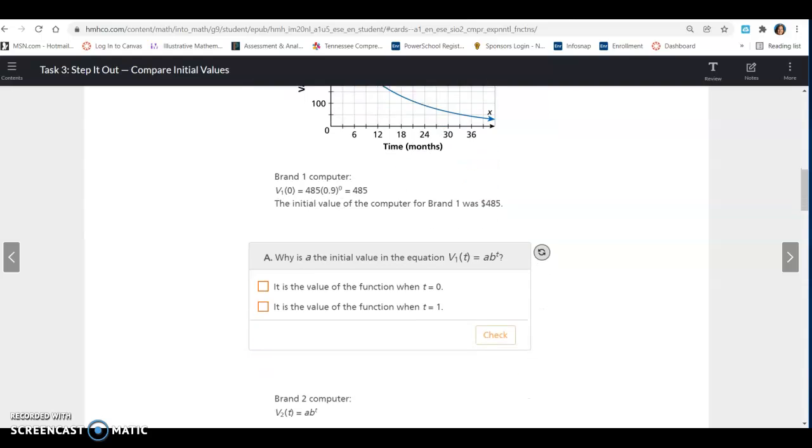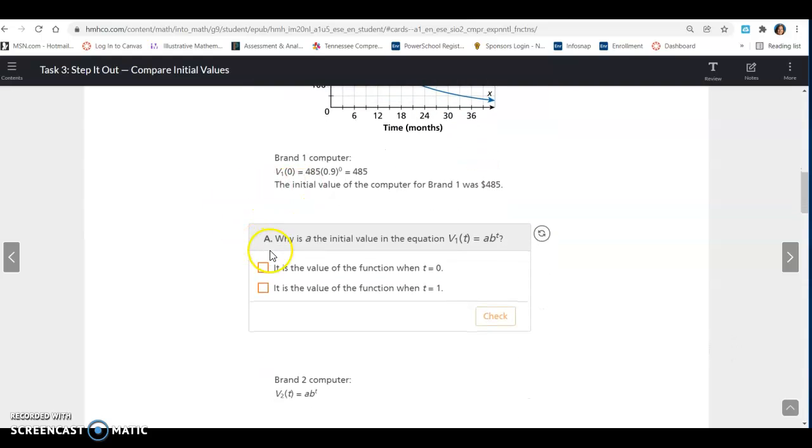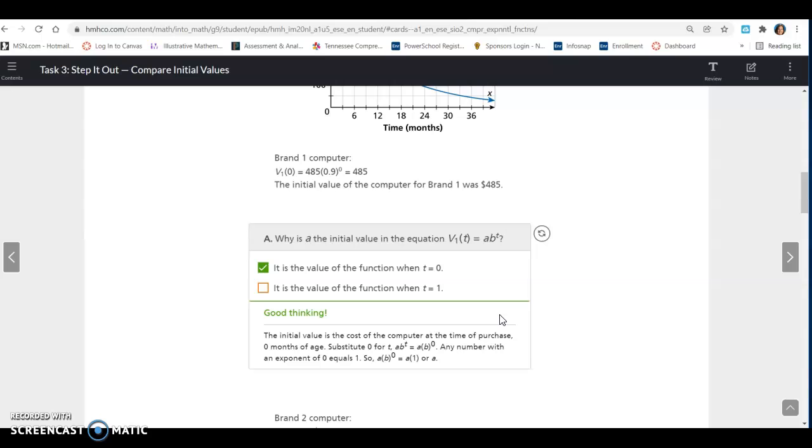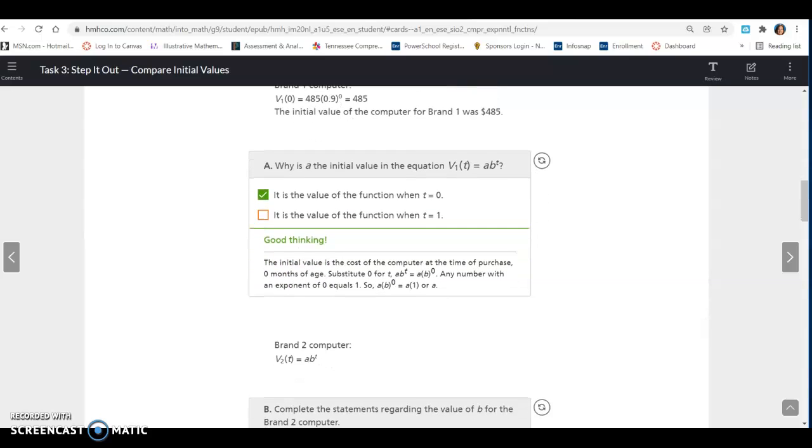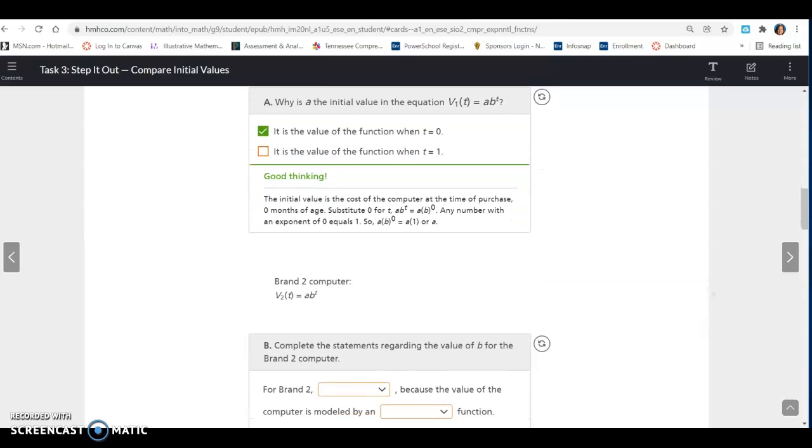You can see that given in the equation. So why is a the initial value in the equation? It is the value of the function when t is 0. So at time 0, when the exponent is 0, that's your initial value.